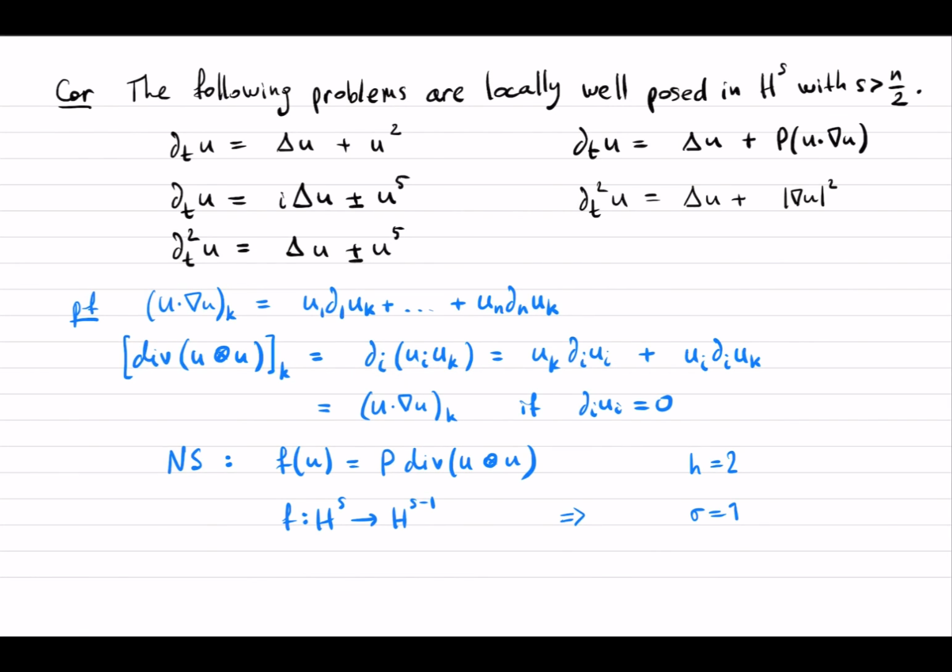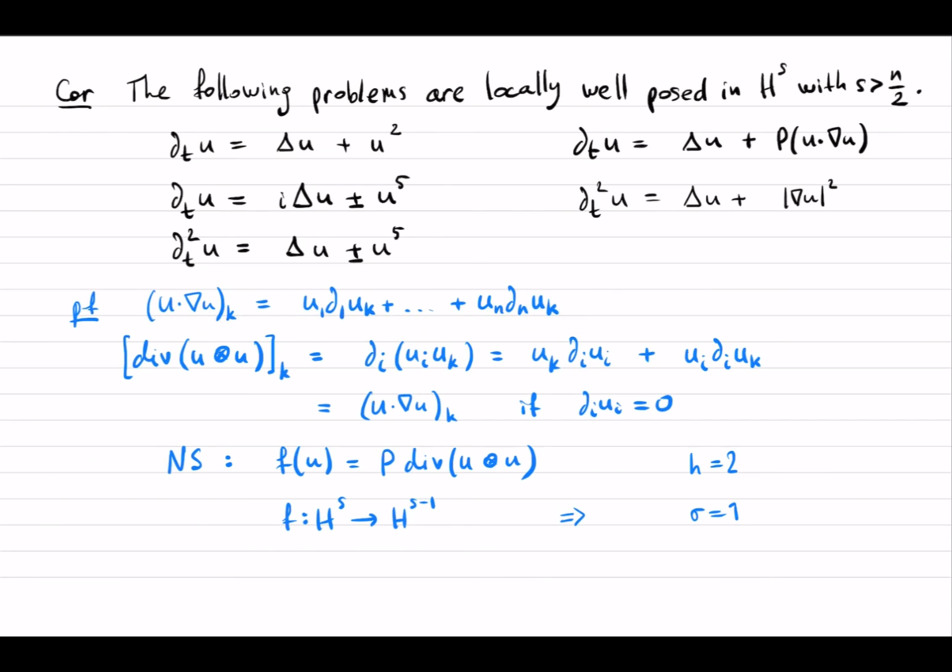And if we use the product rule, we get first derivative falling on ui and derivative falling on uk. And if we have divergence-free vector field, then this part is 0. So we get simply that derivative falling on uk, which is actually exactly same as that.